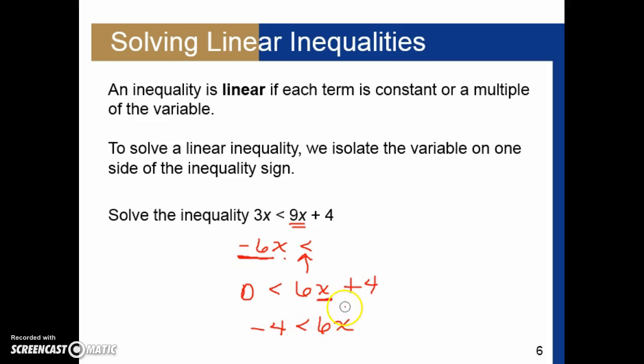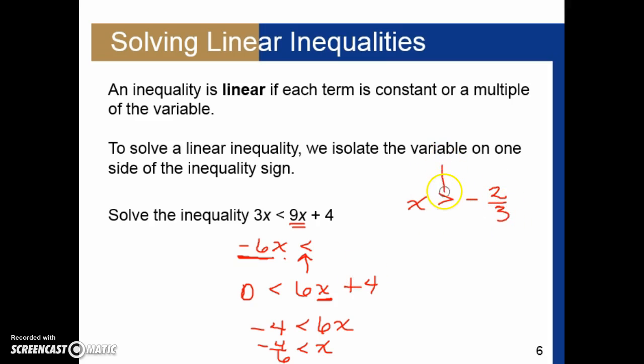I just keep going. And now I'm going to divide both sides by 6. So negative 4/6 is less than x. Now we generally write our variable on the left-hand side. If this is true, this is the same as saying x is therefore greater than, and that simplifies to negative 2/3.